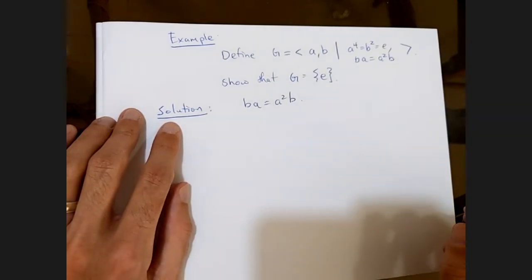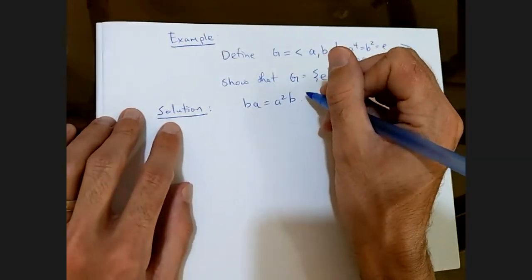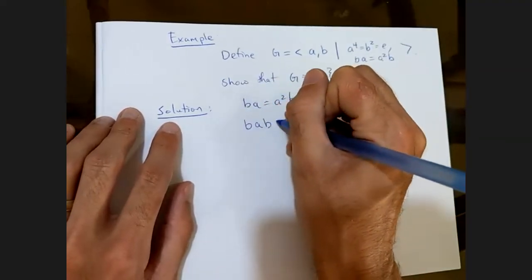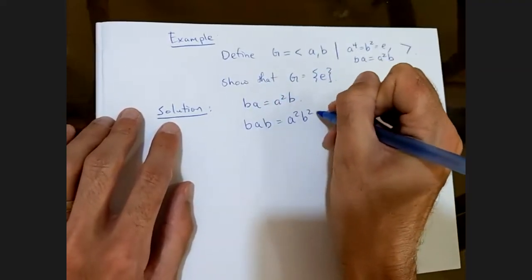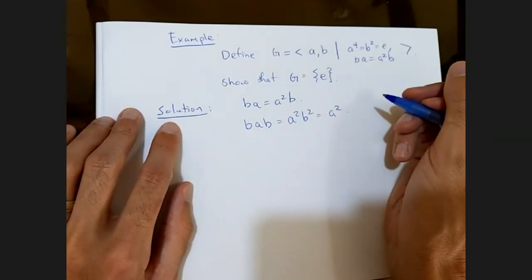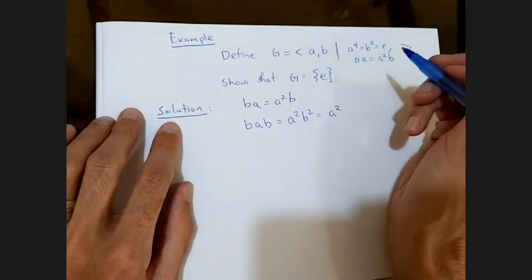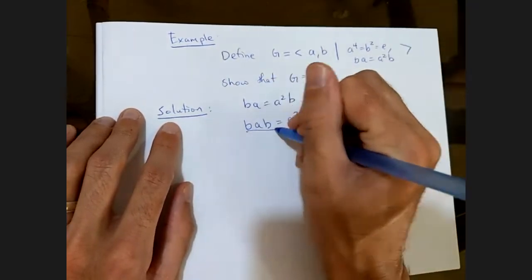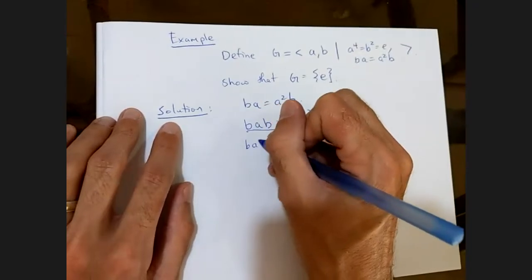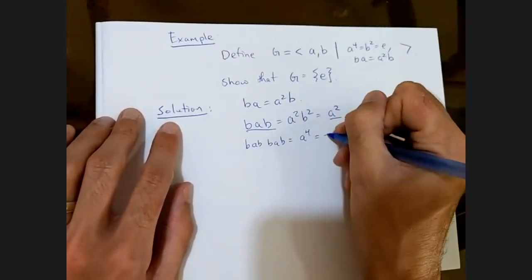Okay, one thing we might try: let's multiply on the right by B. Then we get BAB is A squared B squared. B squared is the identity, so we just get A squared. Now, A to the 4th is the identity, so let's try taking this equation and squaring both sides. We have BAB squared equals A to the fourth, which is the identity.